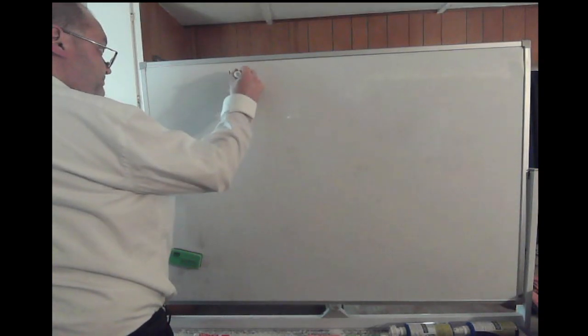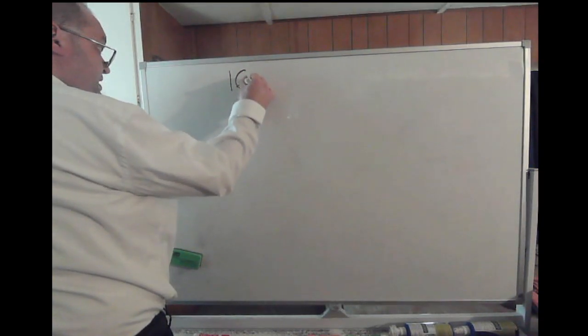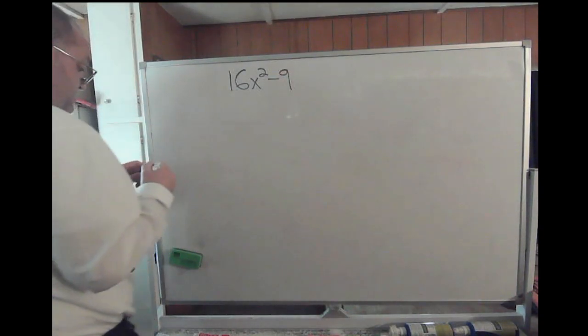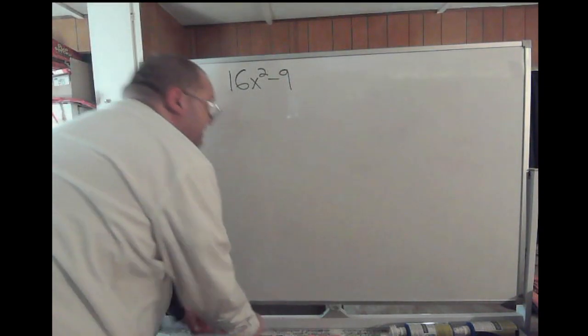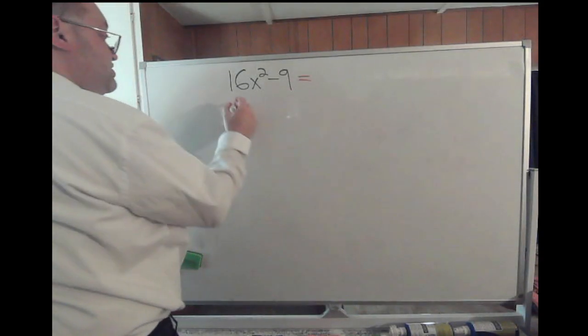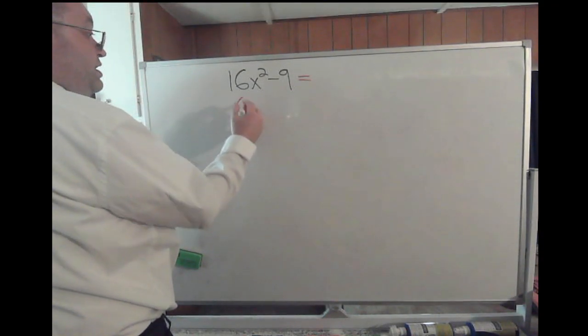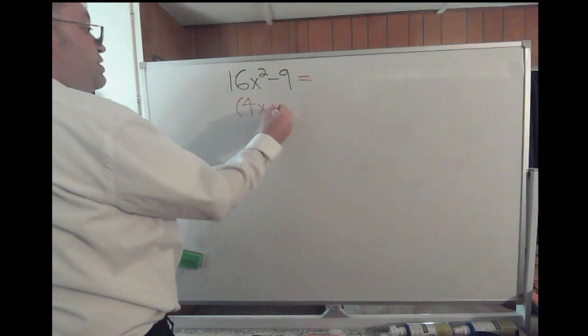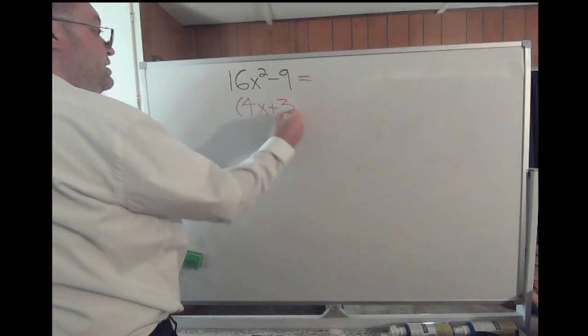Alright. We got 16x squared minus 9. We'll start out by taking the square root of 16x squared. Well, that'd be 4x. Plus the square root of 9, that'd be 3.